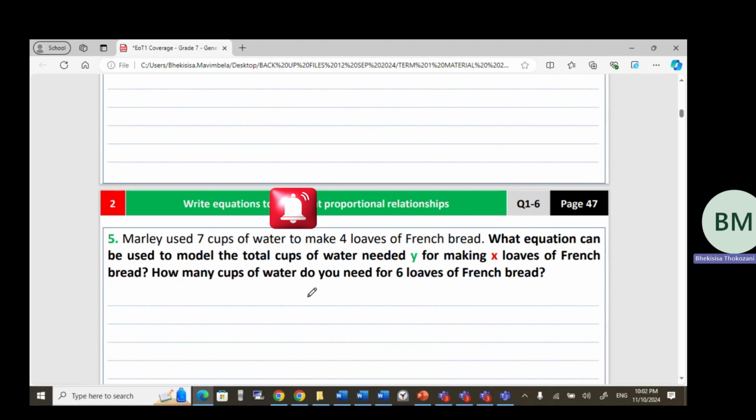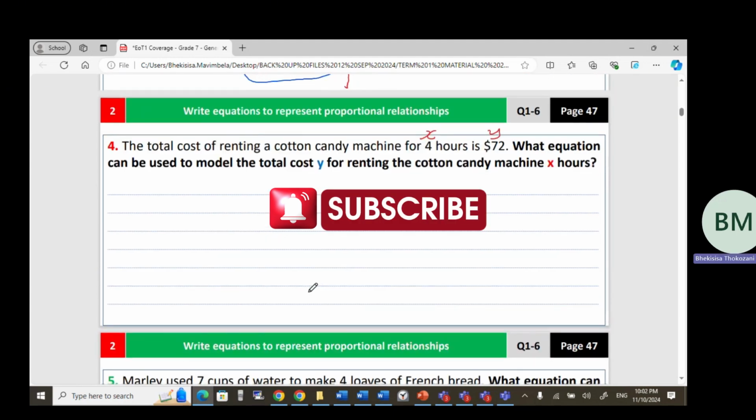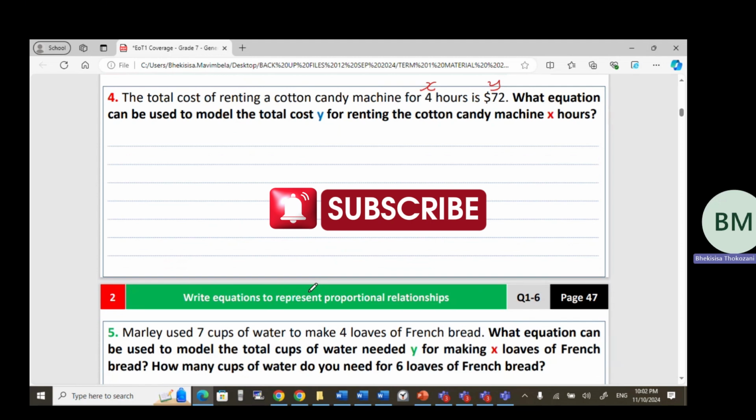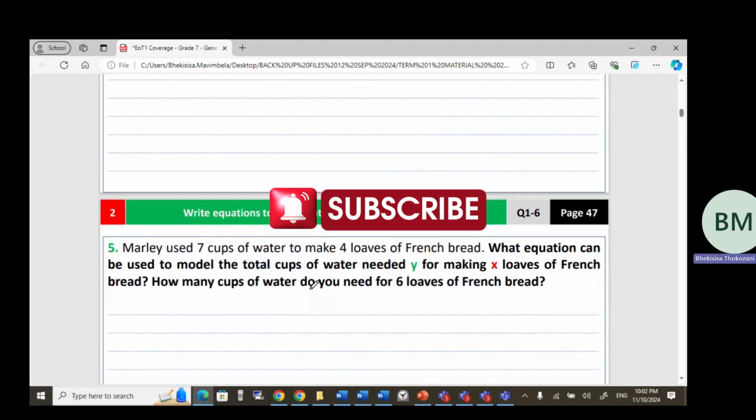where we see these loaves of bread. So again, we are seeing something similar here. And they even told us that water represents your y and the x, your loaves.